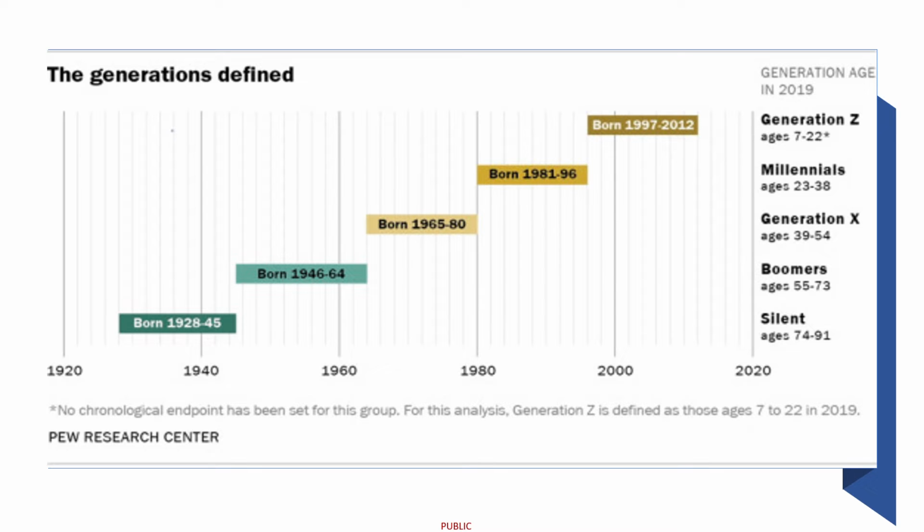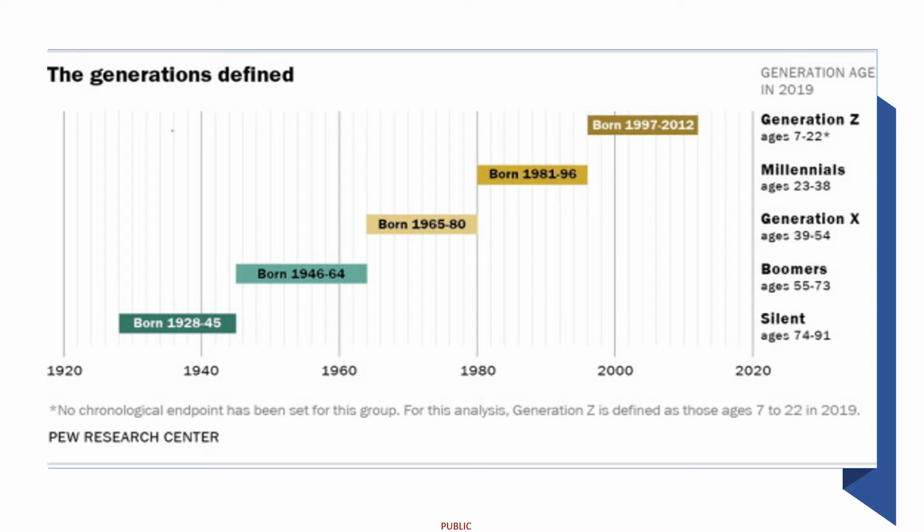This is a very self-explanatory graph that tells you about the generations. On the right hand side, you can see the generation age. The age of the silent generation is 74 to 91. In the horizontal graph we have different years from 1920 to 2020.